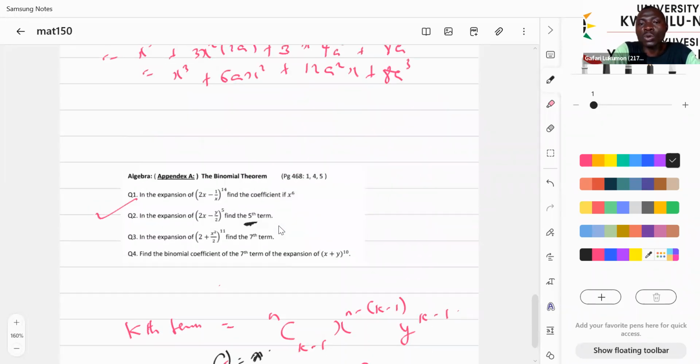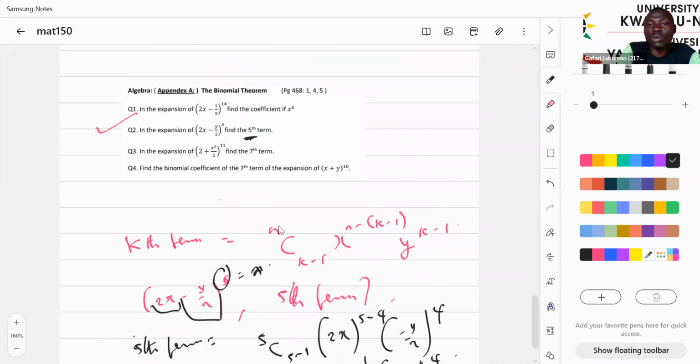You understand now? So again, if you want to find the binomial coefficient of the 7th term, using this formula, your 7th term will be n, that is 10 combination 6.